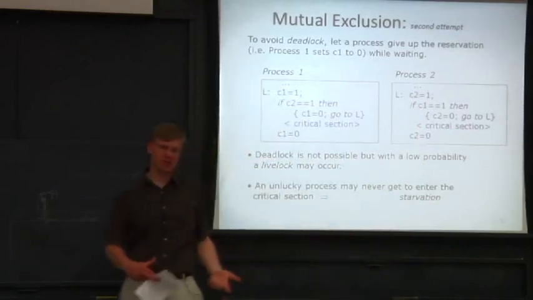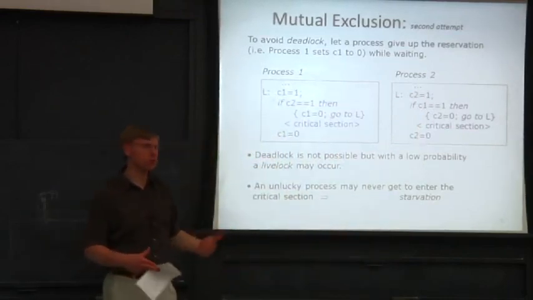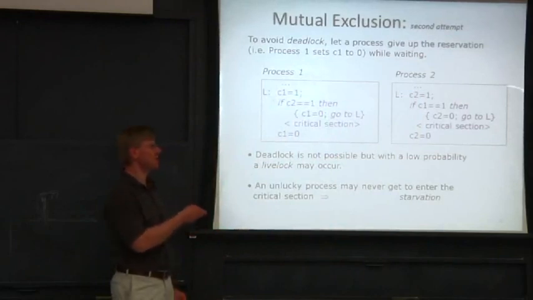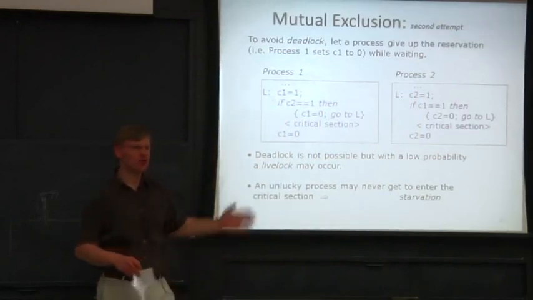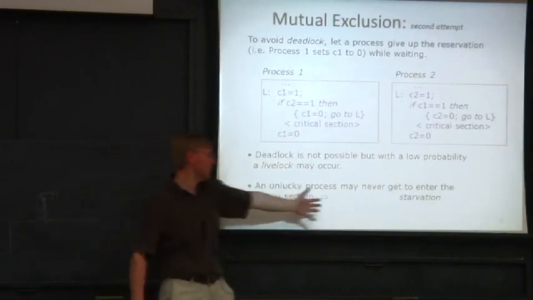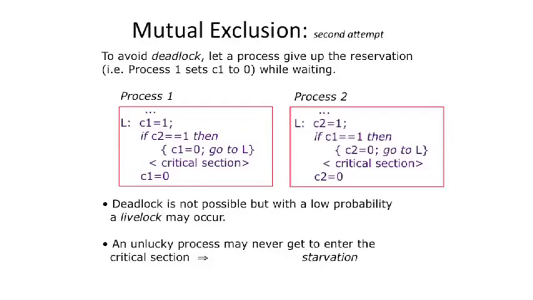Now you're going to say processors probably are not running at different speeds. Well, that's true, but maybe this one has to take more cache misses than that one, or who knows? You don't have a strong guarantee. You can't prove that one thread is not going to starve. So this is a fail. We can't have mutual exclusion this way.